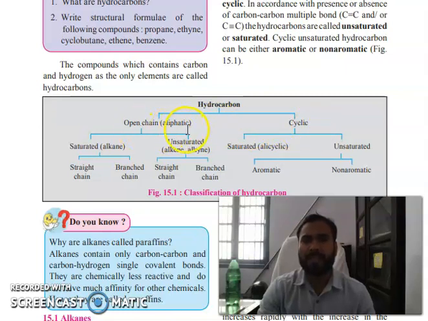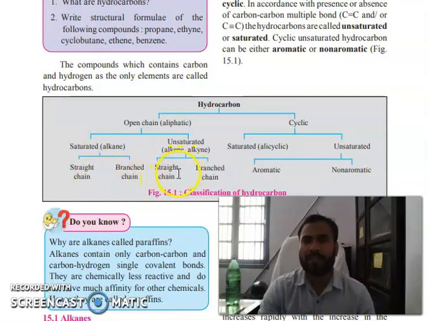Now open chain is further classified into two parts. First one is saturated alkane and the second unsaturated alkene or alkyne. You know, my friends, what is the meaning of alkene and what is the meaning of alkyne. And then saturated compound is further classified into straight chain and branched chain.